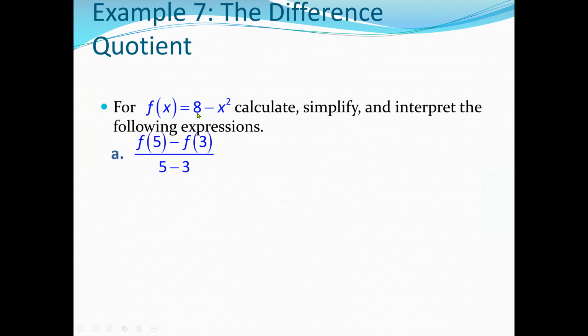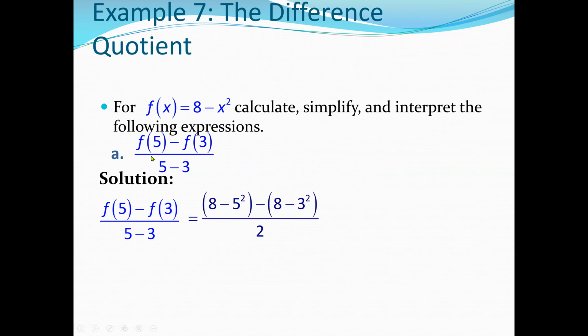So we have an example here. We have f(x) equal to 8 minus x squared. Now they say we should calculate, simplify, and interpret the following expression: f(5) minus f(3) divided by 5 minus 3. We know again our f(x) is 8 minus x squared.